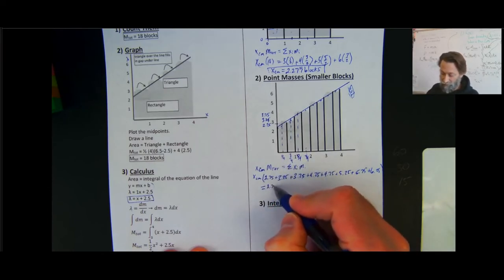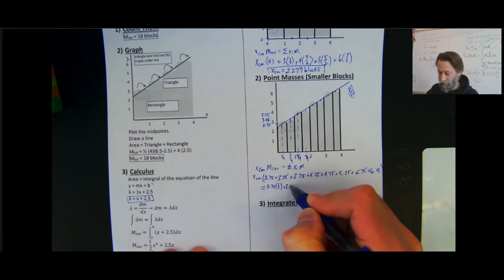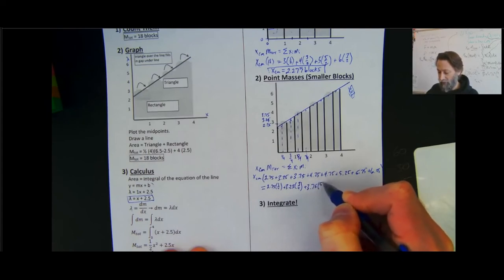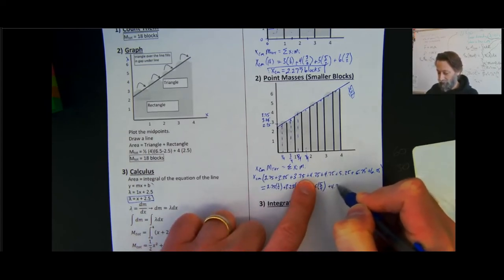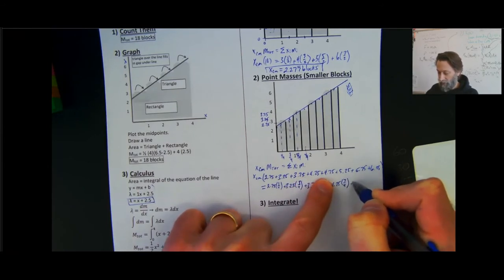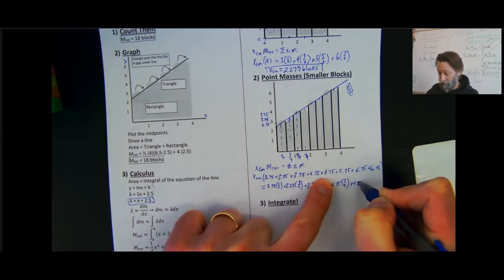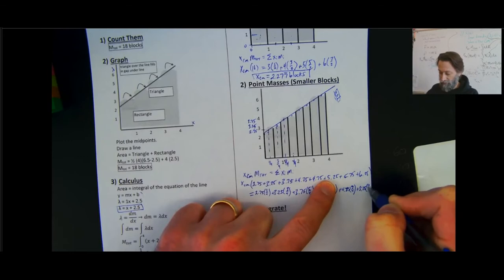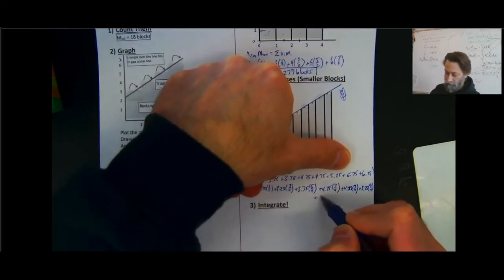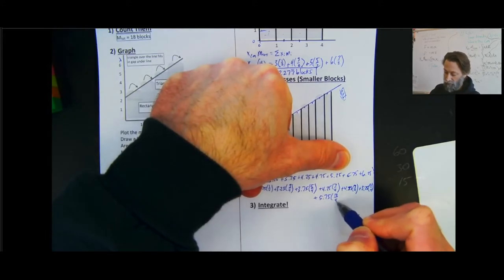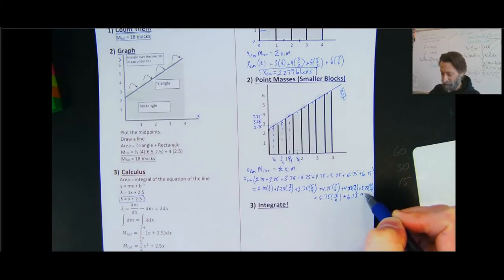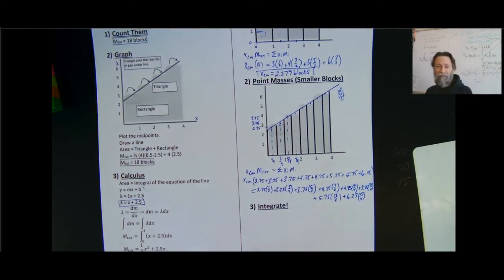So 2.75 times 1/4, and 3.25 times 3/4, and 3.75 times 5/4, and 4.25 times 7/4, and 4.75 times 9/4, plus 5.25 times 11/4, plus 5.75 times 13/4, and lastly, plus 6.25 times 15/4. Pain in the butt.